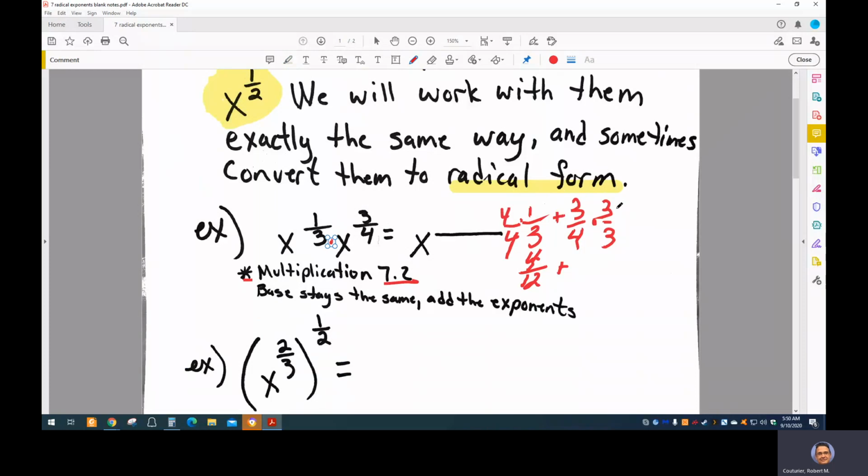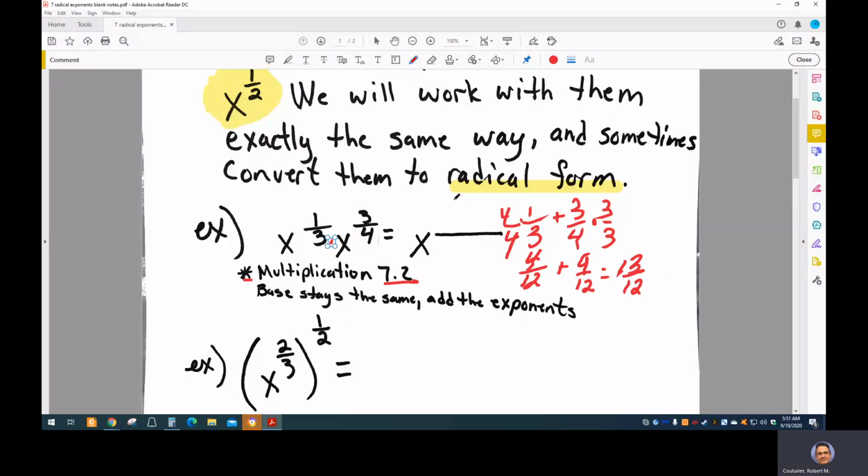And then we have 9/12. And so now that we have the same denominator, we can just add the numerators. 9 plus 4 is 13.